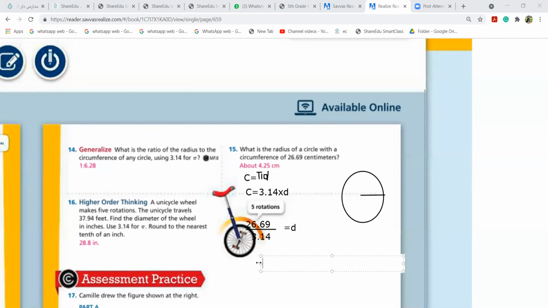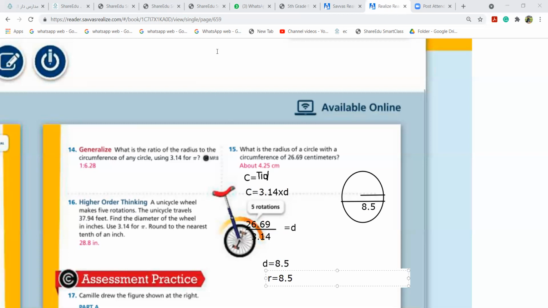D equals 8.5. Now girls, the question is, when the diameter is 8.5, how much is the radius? Radius is half of the diameter.